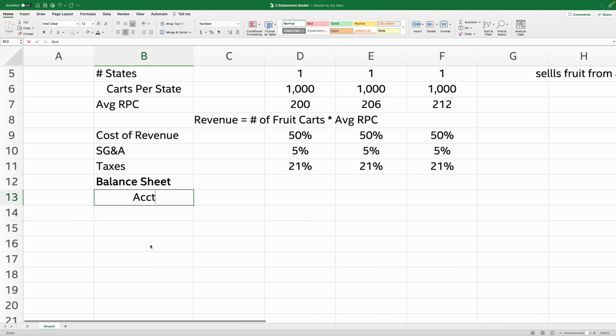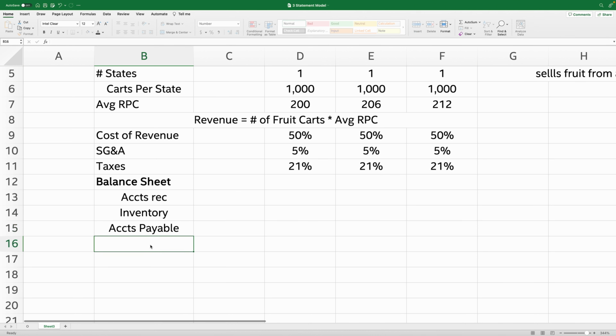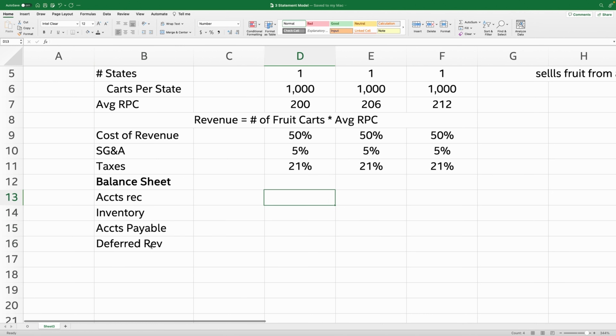So, accounts receivable. This is money owed to the business. Inventory for sure. We're selling fruit. Accounts payable, I guess, to net against receivables. And then deferred revenue. Maybe we made a fruit sale after the last business day of the month, or the quarter, so we got some deferred revenue.